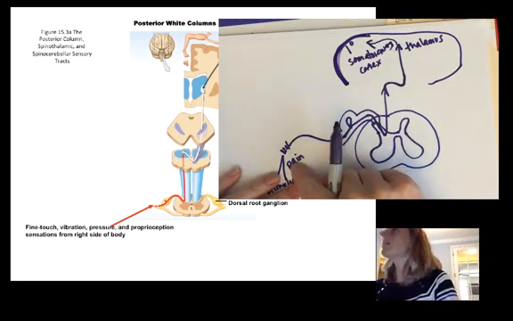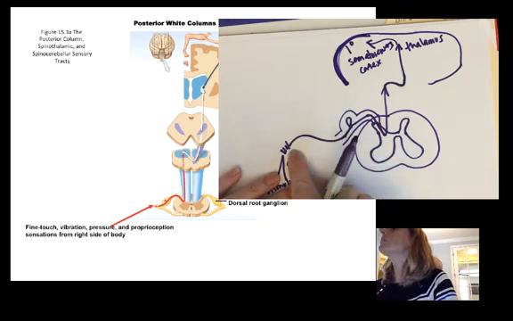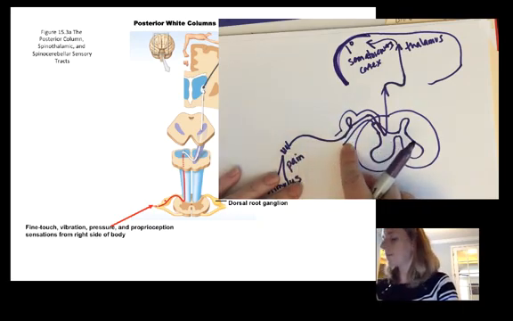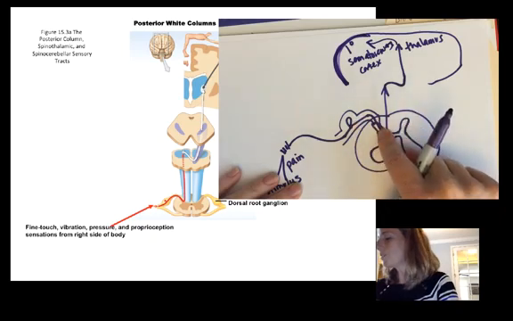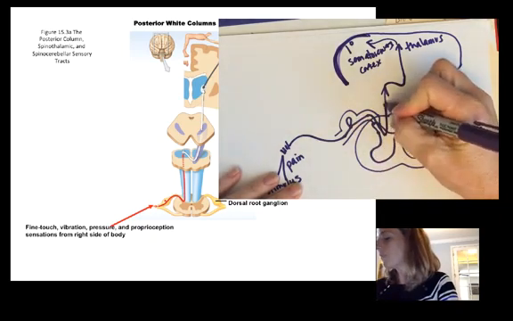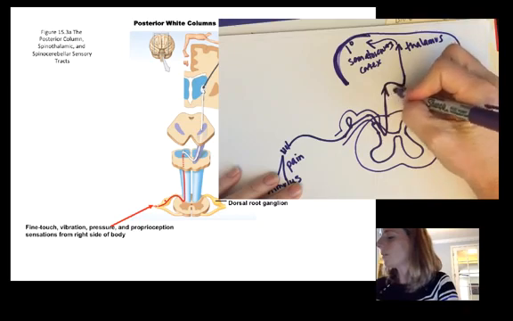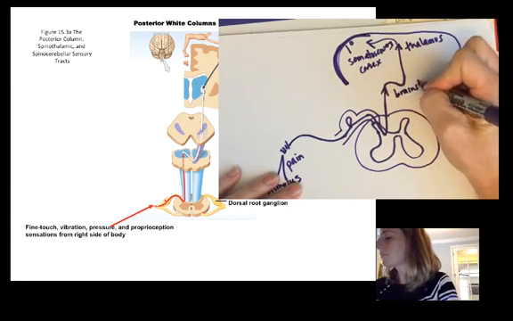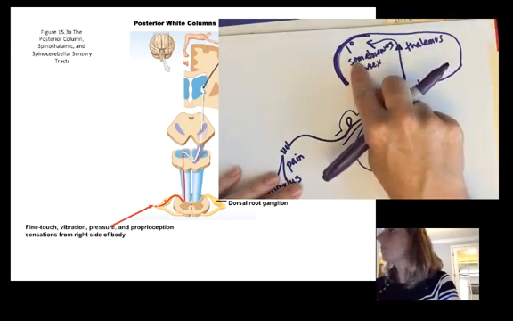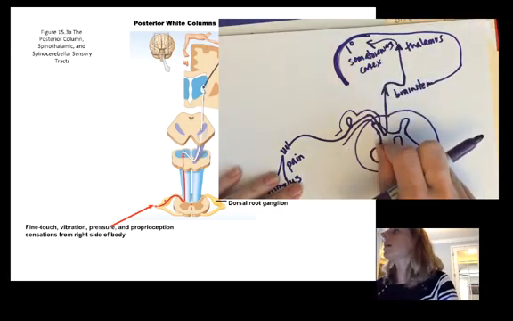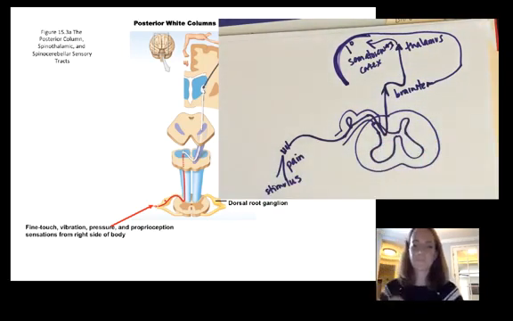So we had a painful stimulus travel through a sensory receptor, through the dorsal root ganglion, through the dorsal horn, and then up the spinal cord, through the brainstem, to the thalamus, and then ultimately end in the somatosensory cortex.